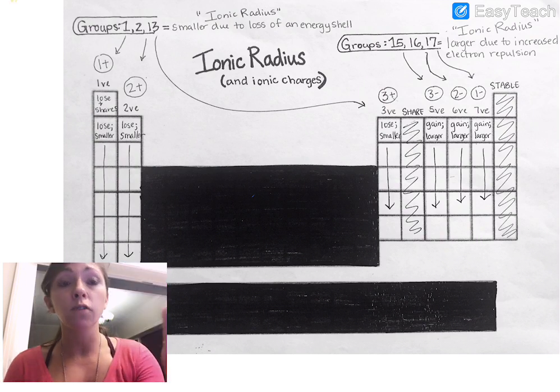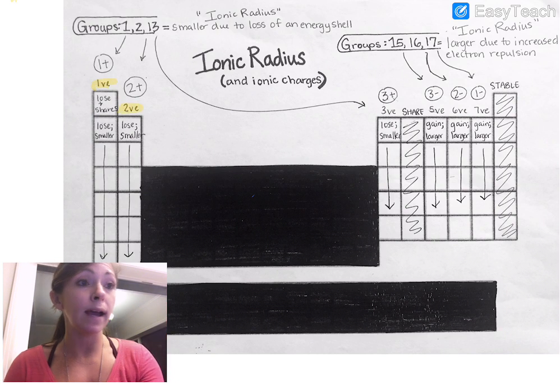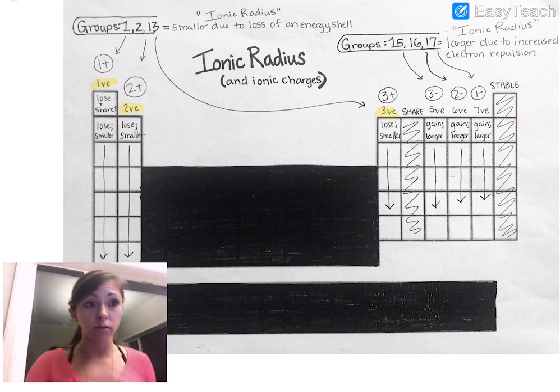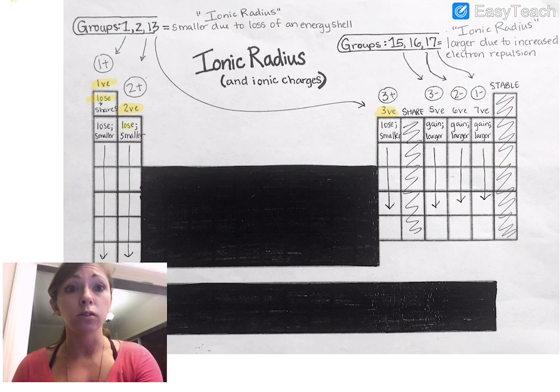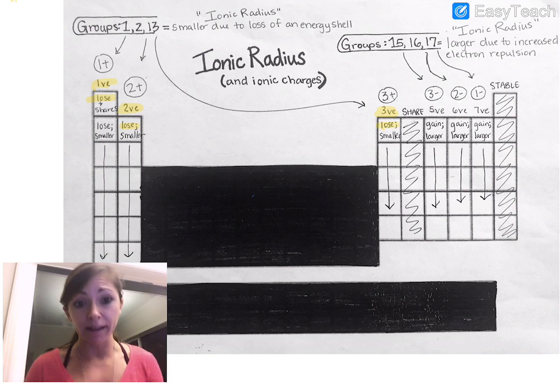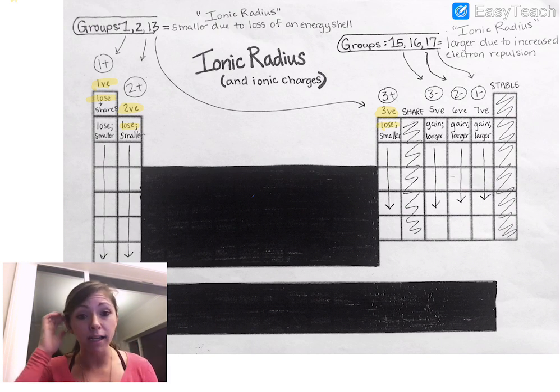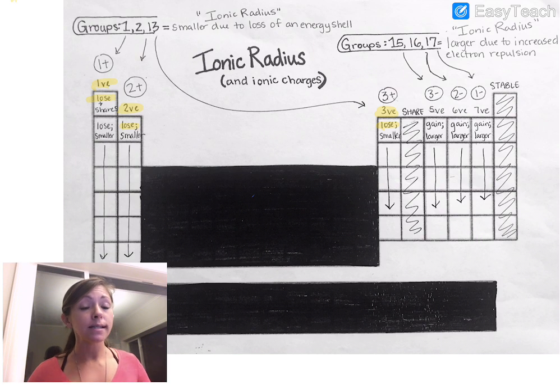First of all, groups 1, 2, and 13 have 1, 2, 3 valence electrons, and they lose those in order to become stable. It just makes more sense because they need 8. The octet rule says that atoms will work to achieve 8 valence electrons.